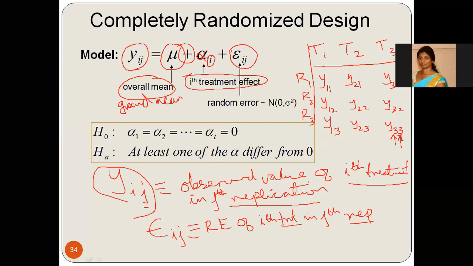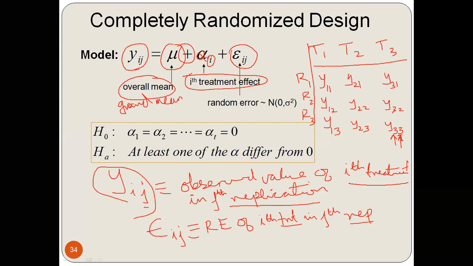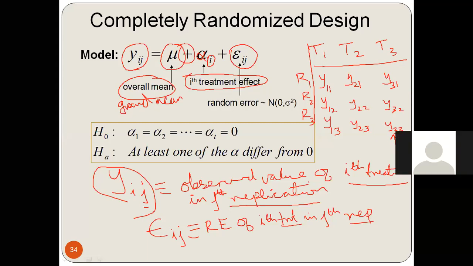Random error, where did we see? Vaishnavi? In regression, sir. Yes, that is in regression, right. We put up a regression model. Can you remember? In that model, we included this random error. Similar to that concept, because we are talking about ANOVA, this random error we will learn little by little. Okay, fine, good. I'm going to erase this.